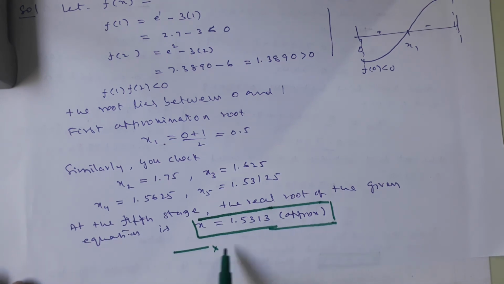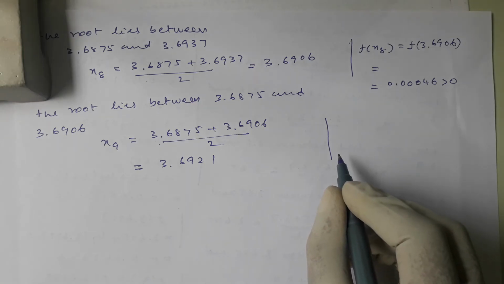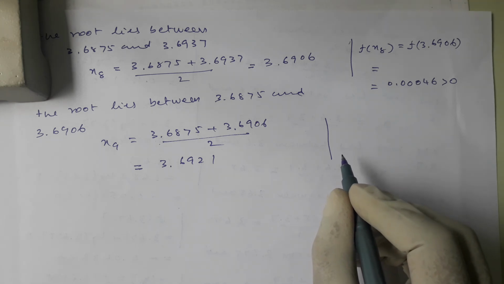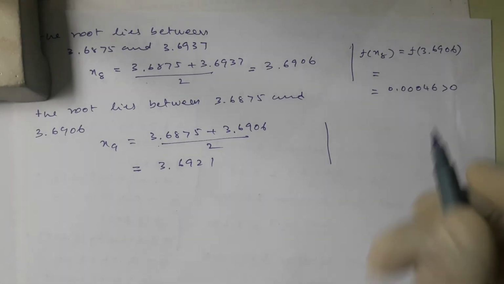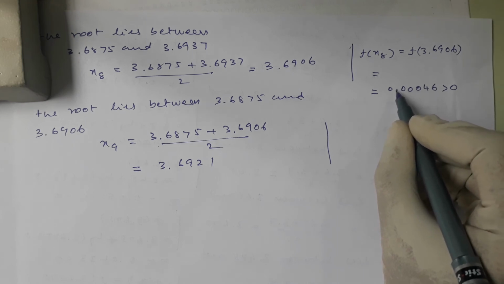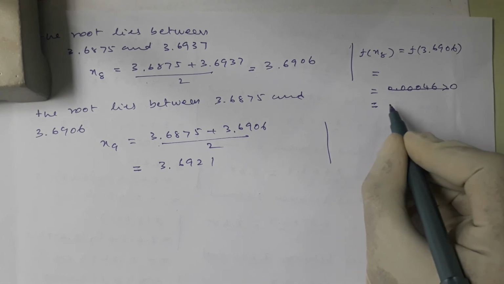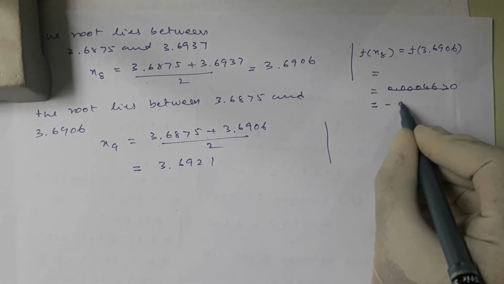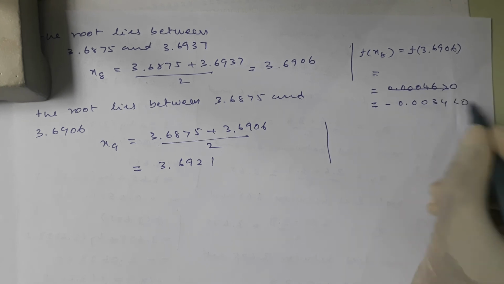As this is x8, the x8 value, f of x8 is not plus, it is to be minus 0.0034, less than 0.